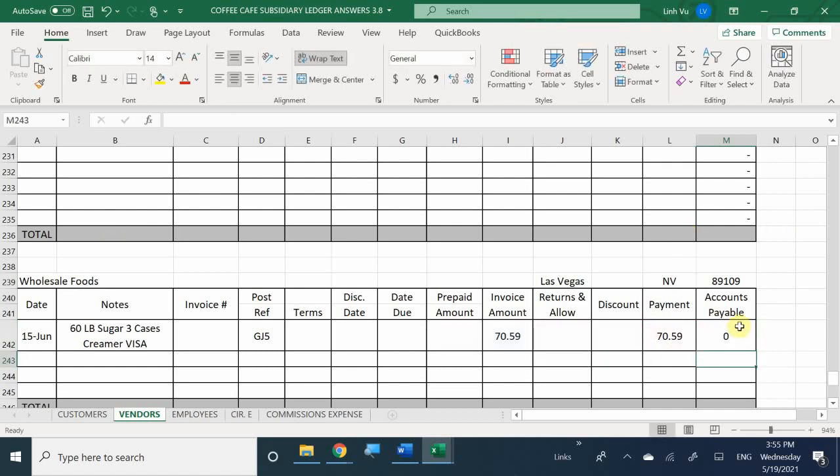No, it's invoice minus prepaid minus returns minus discounts minus payment. Good. That's it.